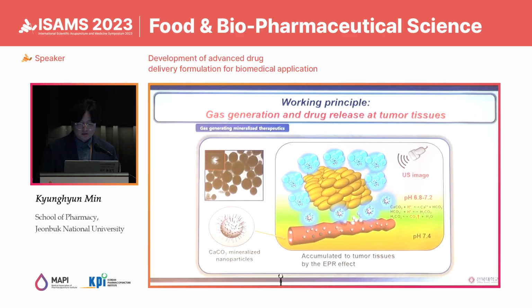But at the tumoral acidic pH level, calcium carbonate mineral nanoparticles start dissolving to release carbon dioxide and produce gas bubbles. So we can use these bubbles to generate ultrasound echogenic enhancement to monitor the nanoparticles at the tumor area.